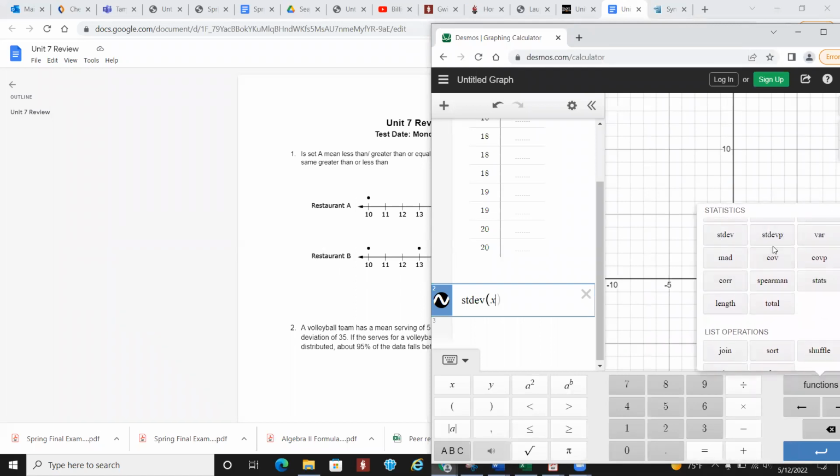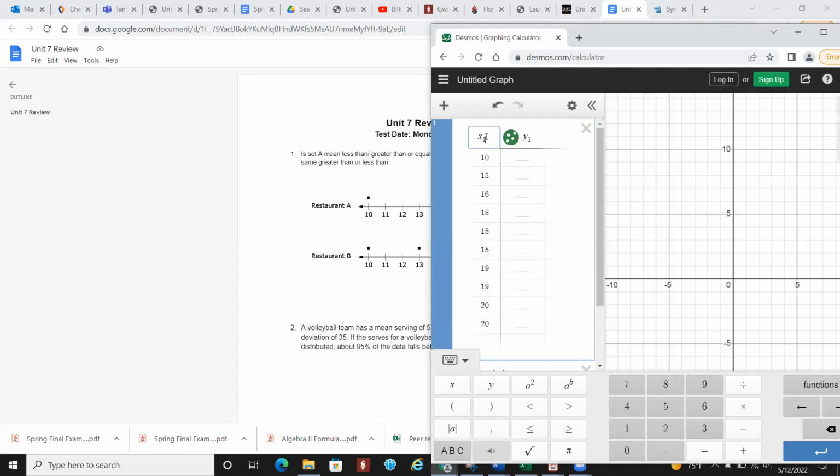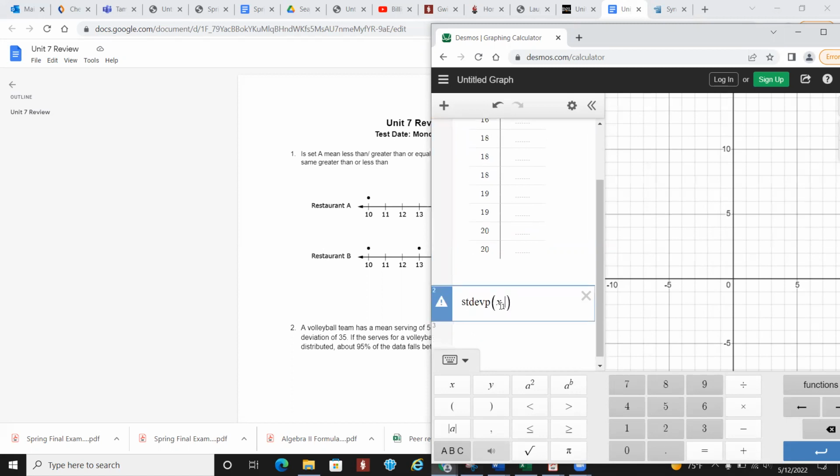Standard deviation of, so it would be 2.87. Okay, so for set A, we've got 2.87.